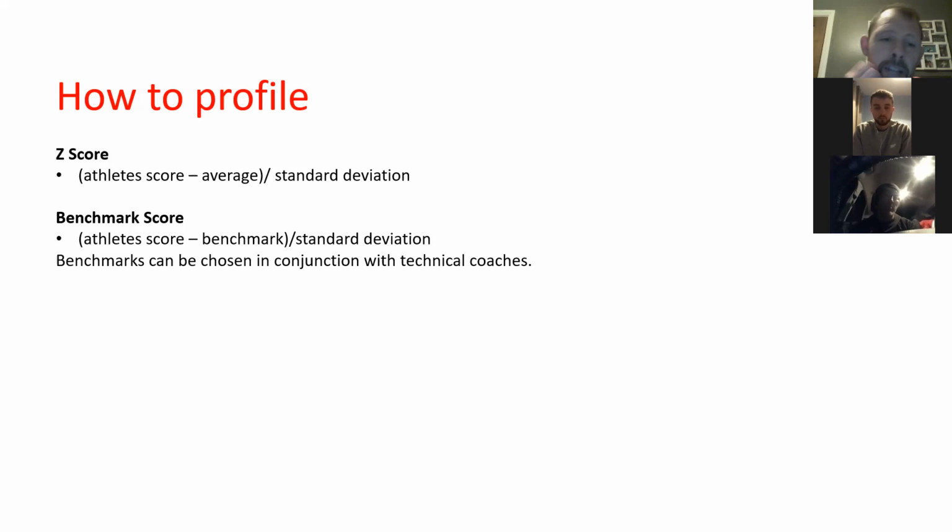A benchmark score could be a standard that you want the players to try to hit. The formula for that would be the athlete score minus the benchmark score divided by the standard deviation. And again, if you want to go deeper with this, you can work with the technical coaches and have a benchmark score in conjunction with them. You can have a benchmark score off skills, you can have a benchmark score off anything. And that will give you a standardized score in which you could rank players.